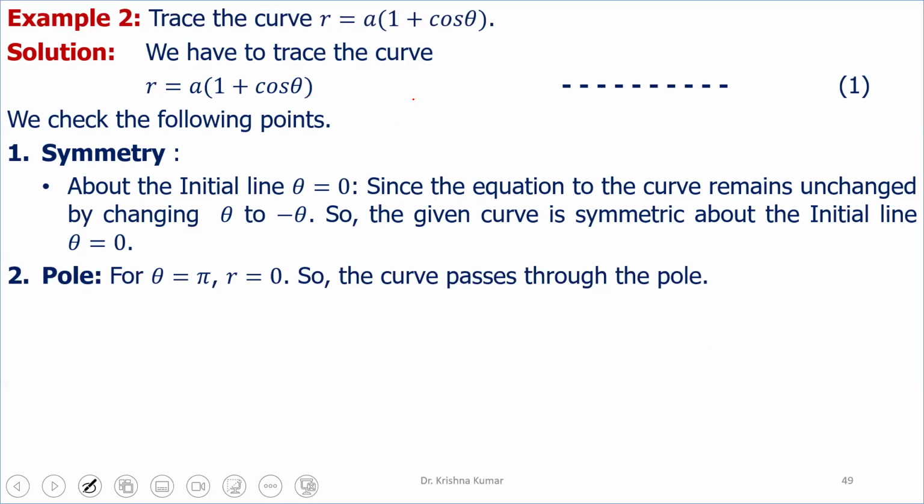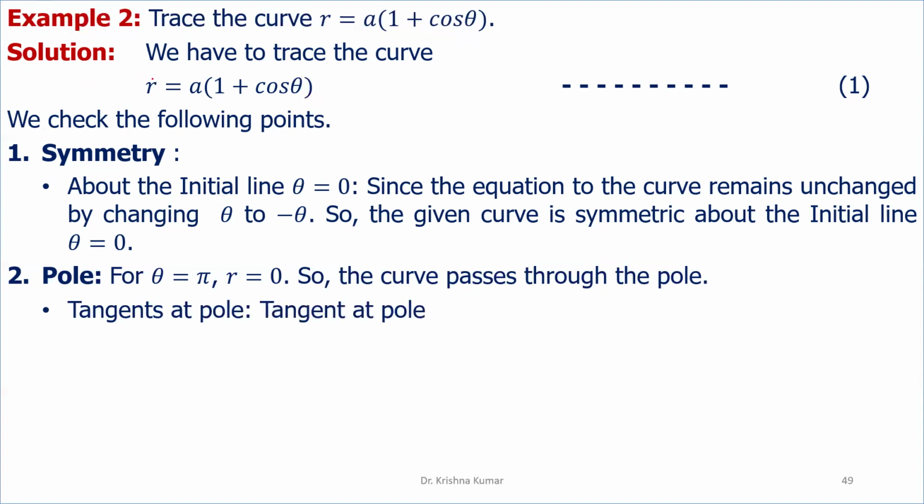Now the second point: if the curve passes through the pole, what is the tangent at the pole? To find the tangent at the pole, we just put r equal to 0 and get the value of theta.